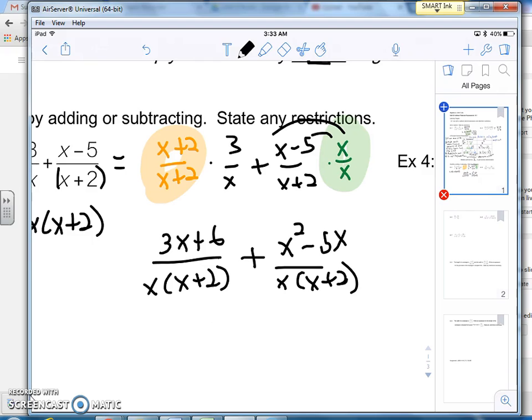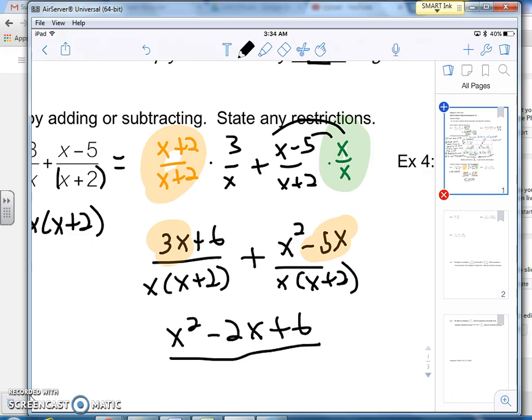And now we have a common denominator, so we can add or subtract the numerators. And we're going to get x squared. We've got a minus 5x and a plus 3x, so we're going to get minus 2x plus 6. And x squared minus 2x plus 6 does not factor.